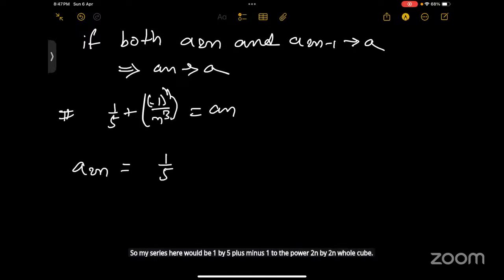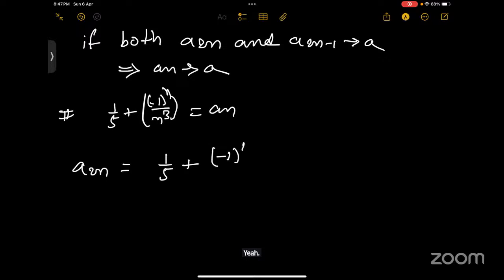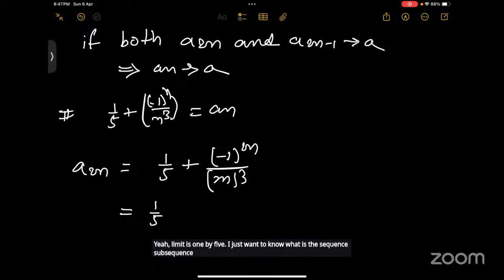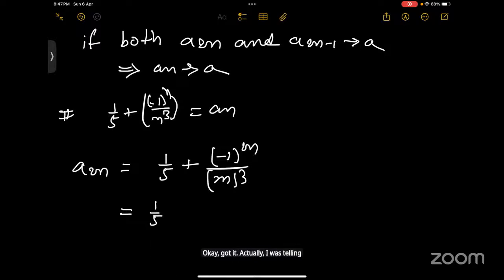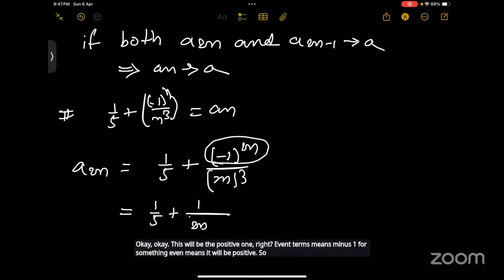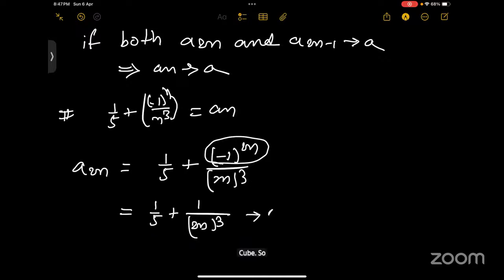Ma'am, its limit will be 1/5. Yes, the limit is 1/5. I just wanted to know what the subsequence a_2n is. Got it. Actually, I was telling about the limit. Okay. So this will be positive, right? Minus 1 to the power of something even means it will be positive. So we have (2n) cube, and it will be tending towards 1/5, right?